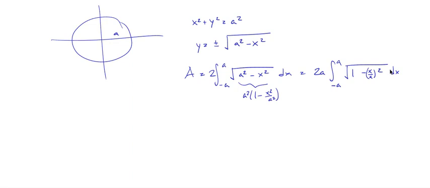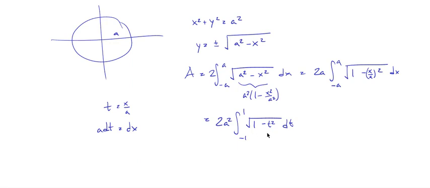And now we can change the variable: t is equal to x over a, so a dt is dx. So this is 2a squared times the integral of the square root of 1 minus t squared dt. And now what happens when x goes to minus a, t is minus 1, and when x goes to a, t is 1.